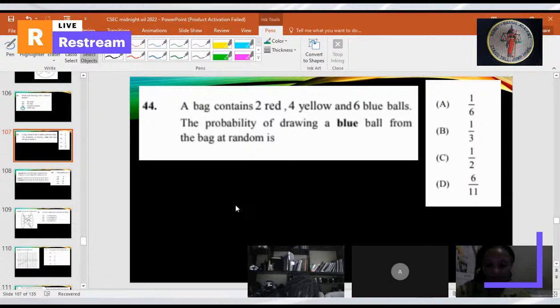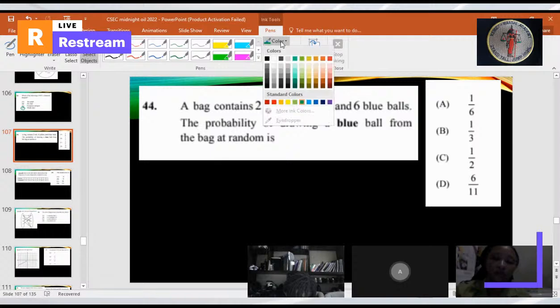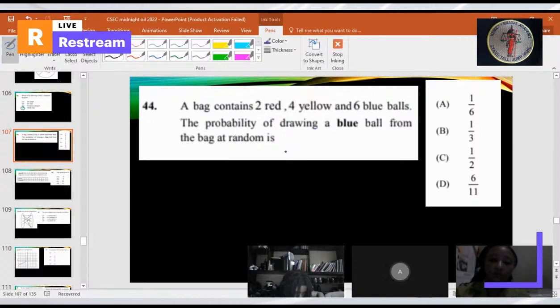Number 44. A bag contains 2 red, 4 yellow, and 6 blue balls. The probability of drawing a blue ball from the bag at random is... There are 6 blue balls, and we add the balls, 2 plus 4 plus 6.